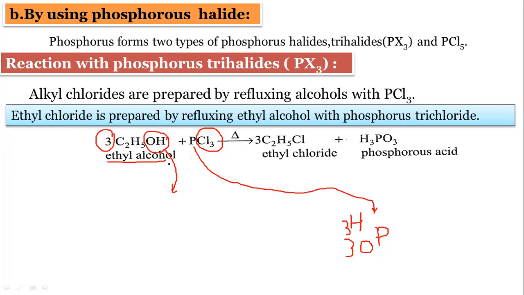How many OH are removed? 3 OH are removed, which means 3 hydrogens, 3 oxygens, and 1 phosphorus are there. So this combines together and we will get this byproduct. Phosphorus acid is the byproduct, H3PO3. See, H3PO3, this is the byproduct. 1 minute is remaining. So, did you understand this now?